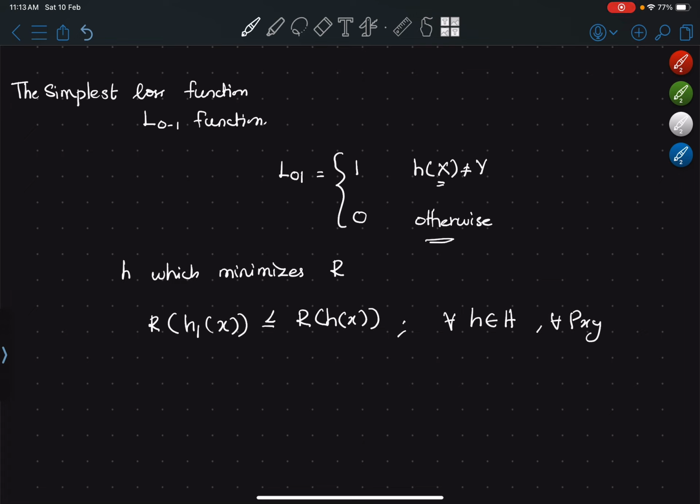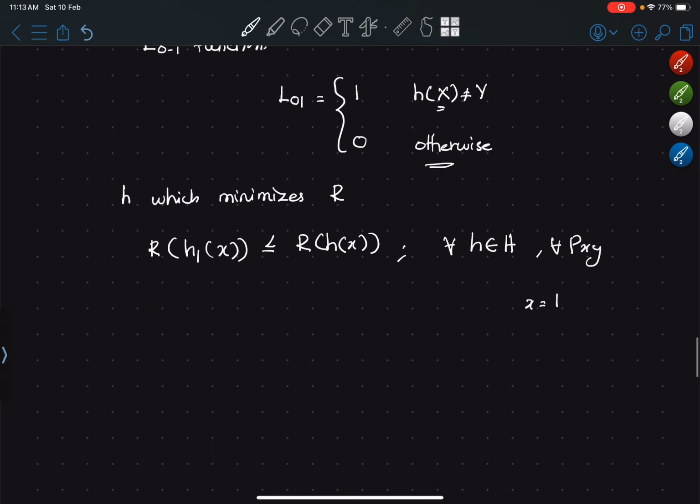For example, we have 1 as a data point, and we have e raised to x, cos x, then sin x.